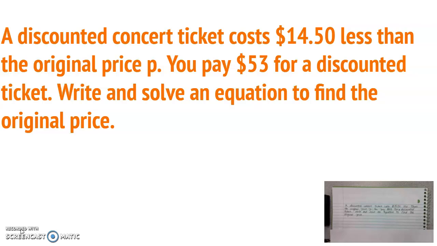So the first thing I'm going to do is I wrote down that word problem in my notes so that I had something to refer back to. So now I'm going to go through and look at the important stuff. A discounted concert ticket cost $14.50 less than the original price P. You're paying $53 for a discounted ticket.